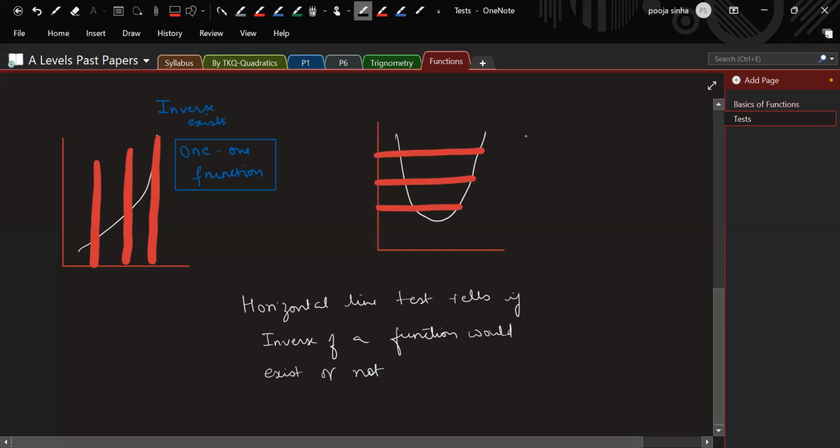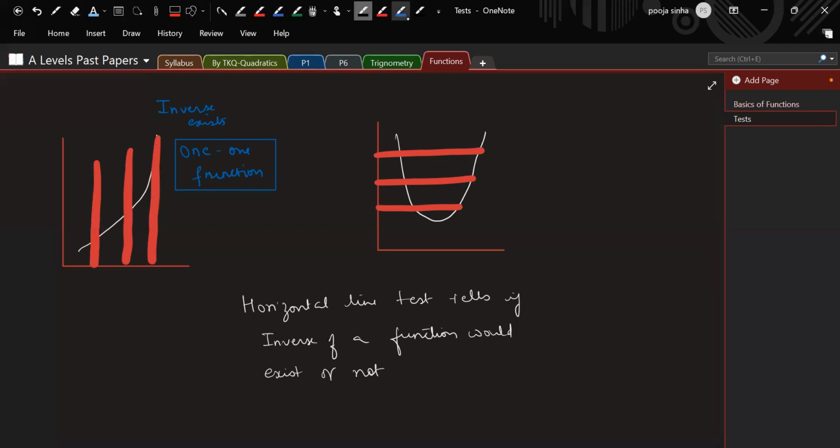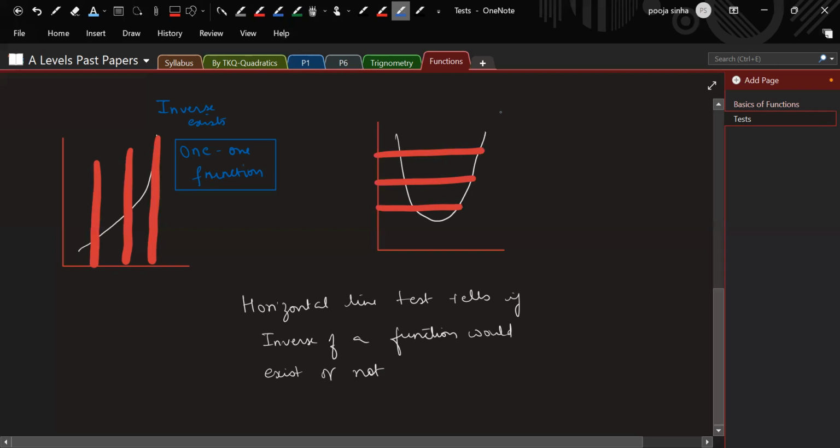If a horizontal line cuts at two points, a y value has about two x inputs. So this is a many-to-one function: many inputs, one output. For such questions, like this quadratic graph, the inverse function does not exist.